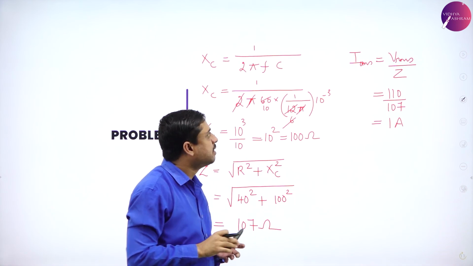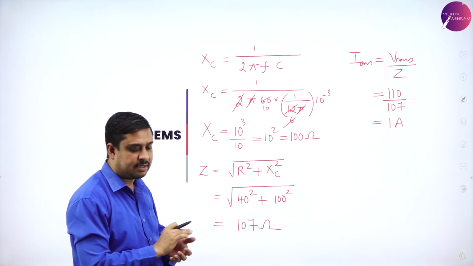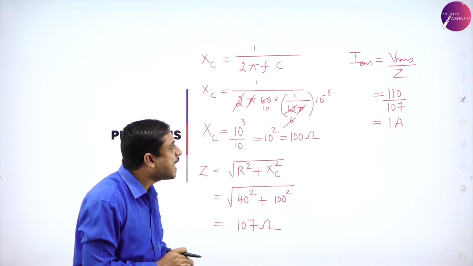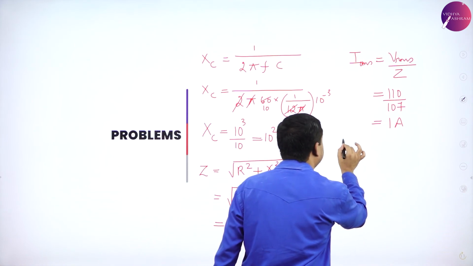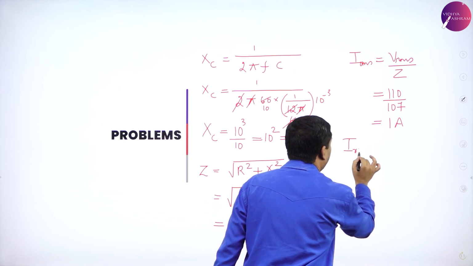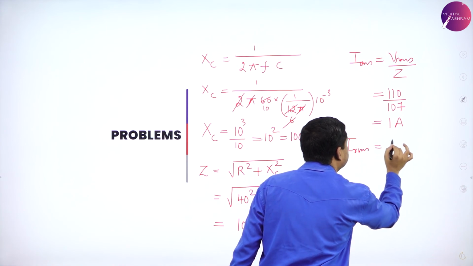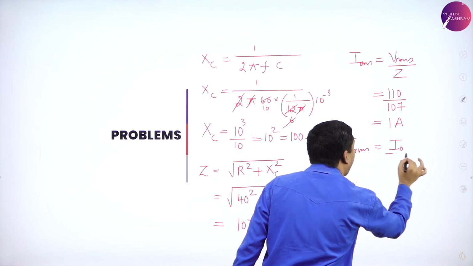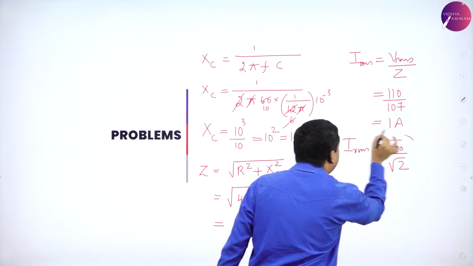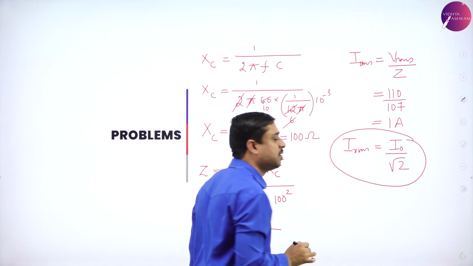Now with this IRMS, how will I calculate maximum current? We know IRMS is I naught by root 2. Again, please know this.